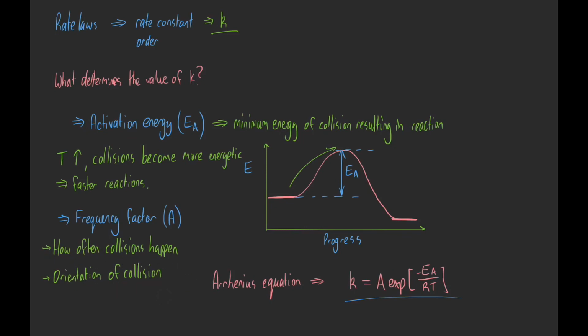And it depends on the orientation of the collision because reactions involve these activated complexes. An activated complex is a reaction intermediate which is somewhere between the reactants and the products.